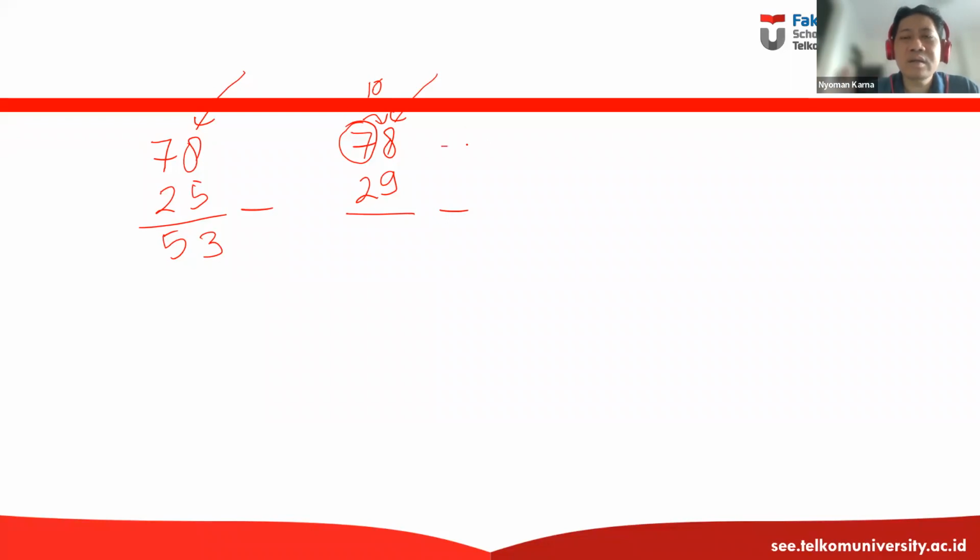So this will be transformed into 6 and then 18, and then 2 and 9. Why become 6? Because it's actually 7, but borrowed by 8, and its borrowed value is 10.